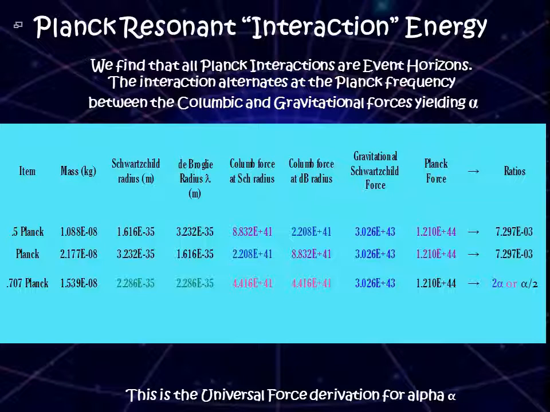And here are the ratios, and you can see we have our alpha constant appearing in different ways. And this is the only place you'll find a force derivation of the alpha constant. It's called the Planck interaction.